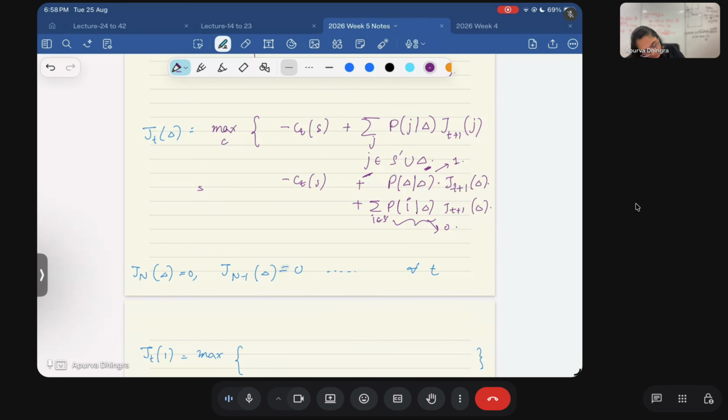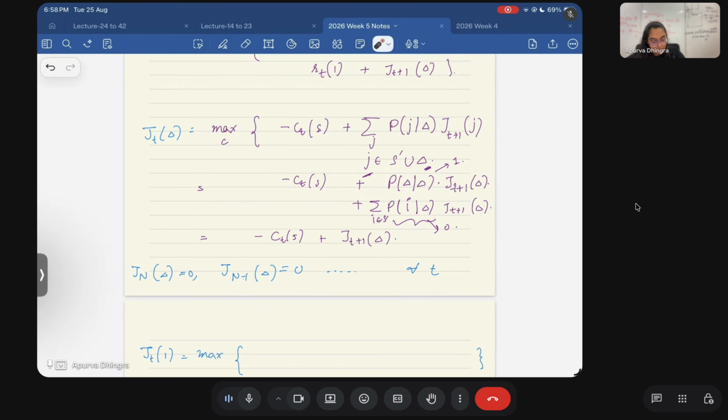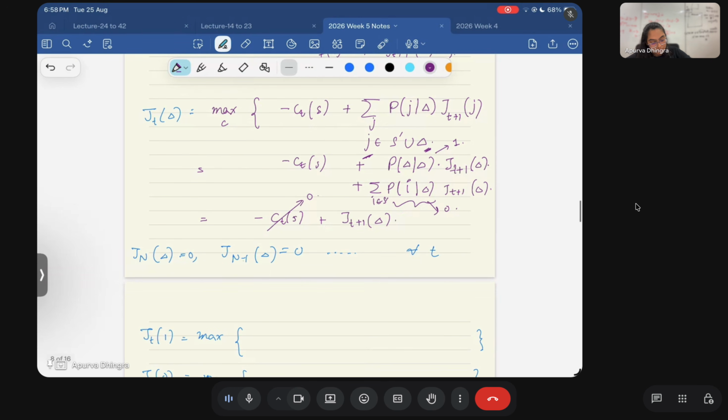So we are left with these two things: minus CT of S plus, that's just 1, JT plus 1 of delta. Remember the way we have in our problem, this is already 0. The only thing that matters is what is the J at the previous time step. For delta, this is already 0. And remember, this is starting from time step n.